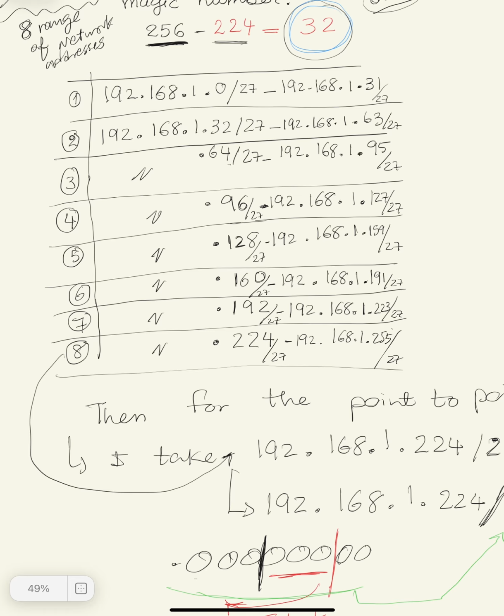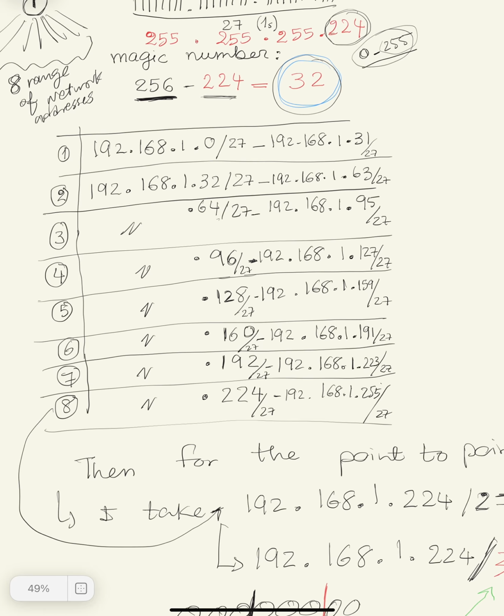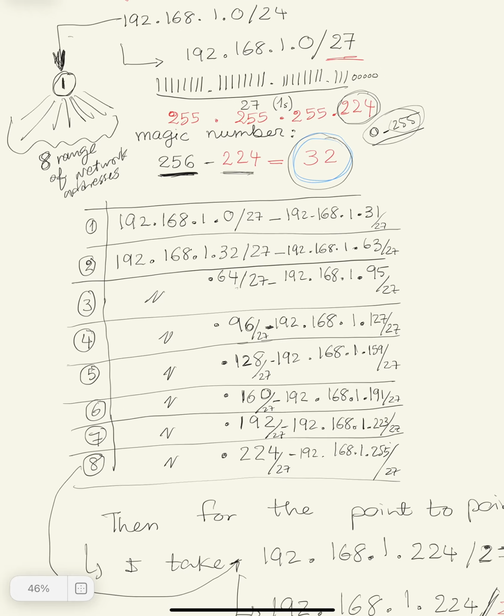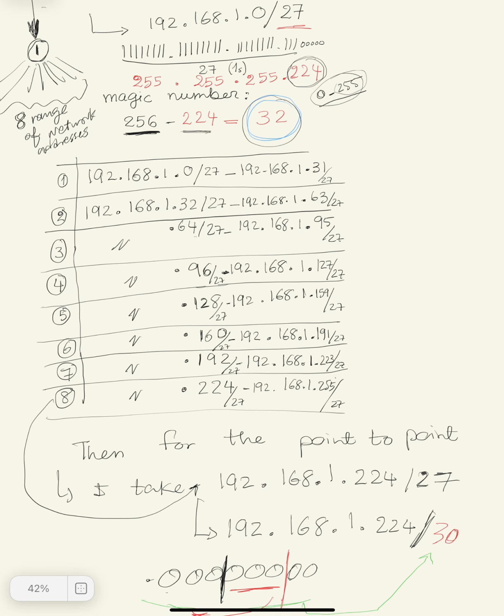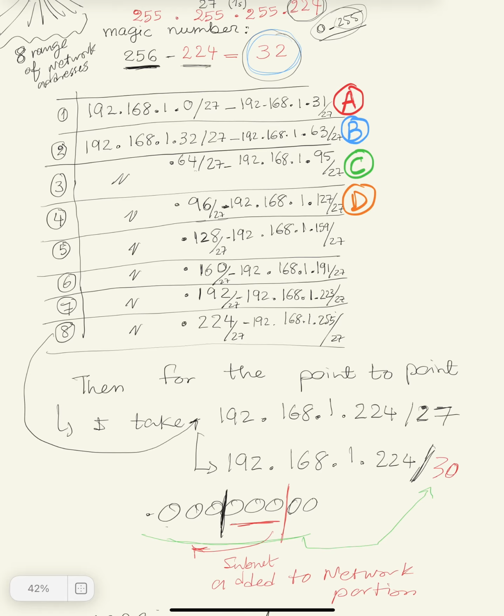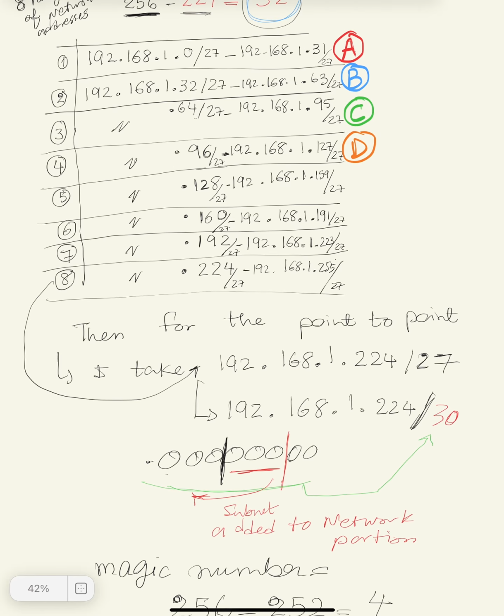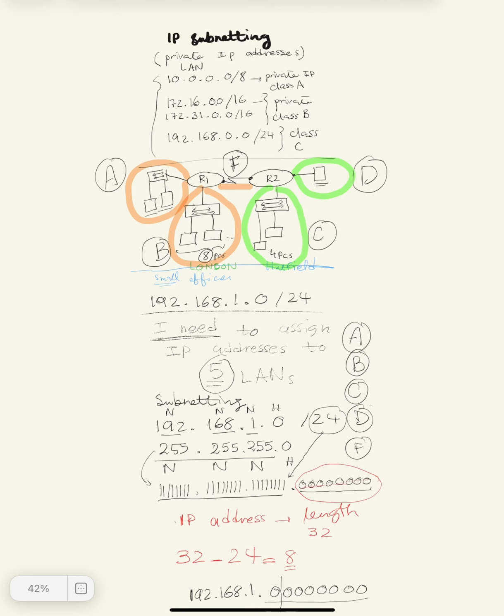So now I'm going to assign the IP addresses. I'm going to give this one to my network A, this range to network B, this range to network C, and this range to network D. Remember our network F here, can you see that?